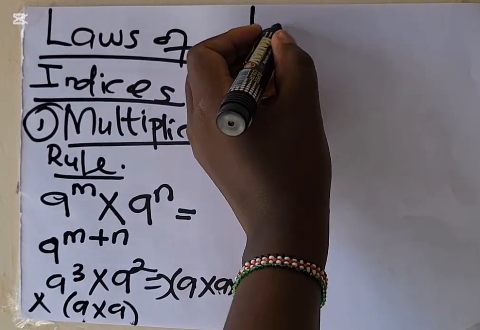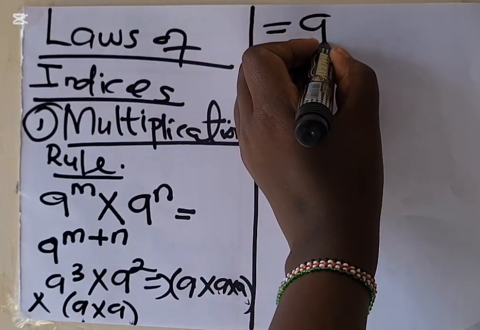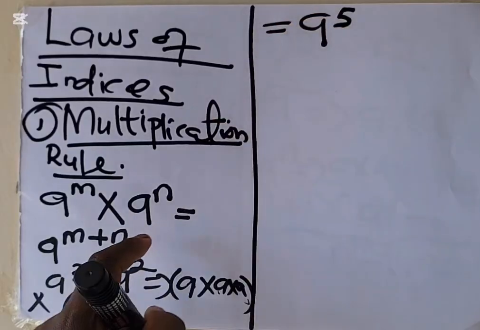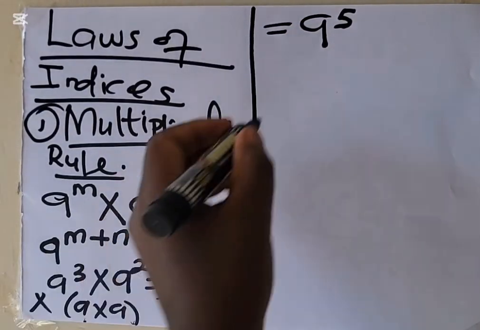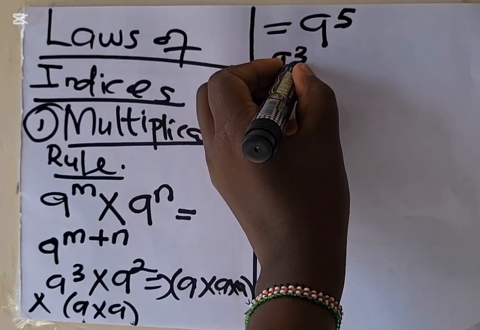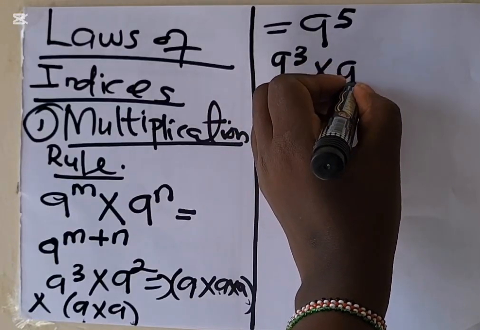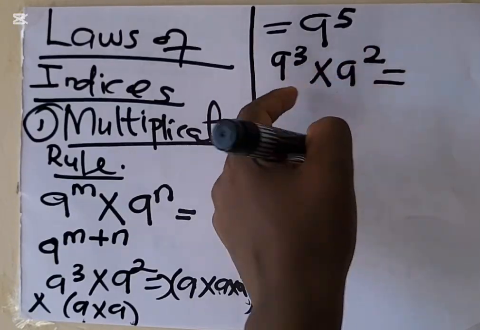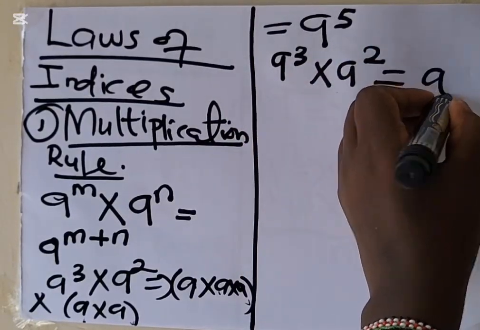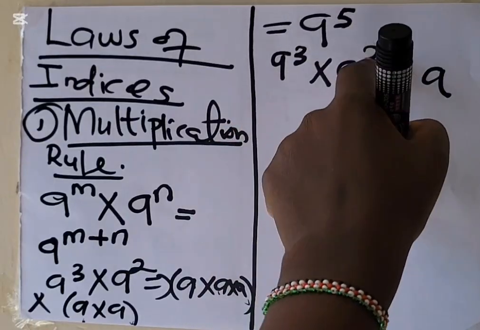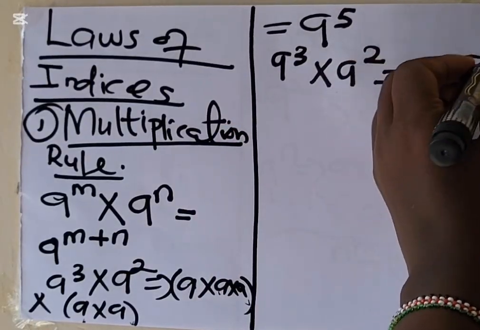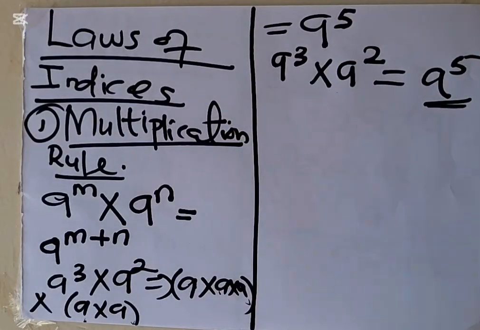So you get A raised to 5. We could have just taken the powers, 3 plus 2, which is 5, instead of getting to all this paperwork.